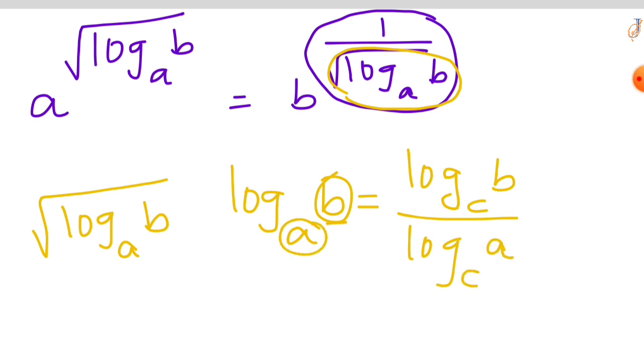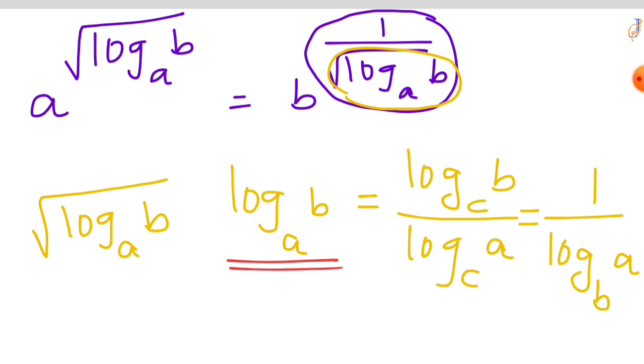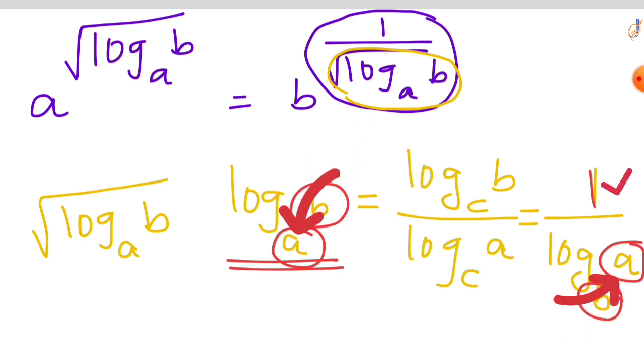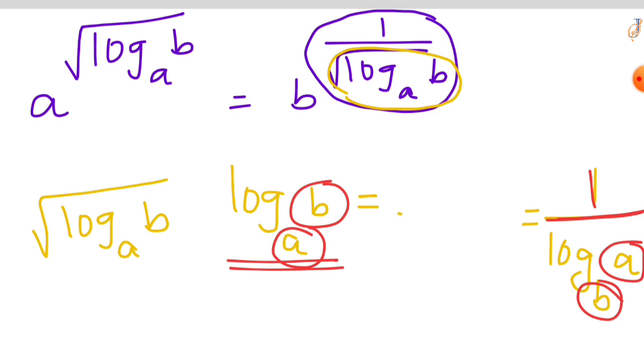Or you can express it in another way also, that is 1 upon log base b of a. This property, the base property of logarithm, allows us to flip the logarithm, swapping the base and argument and taking the reciprocal. Log base a of b, we can write as 1 upon log base b of a.